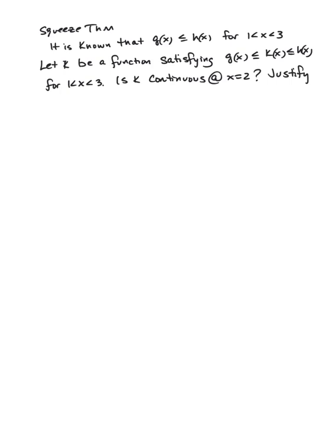Justify. Okay, so the stem of the problem was still the same. So we're dealing with g and h at first, okay? So because g and h are differentiable, g and h are continuous.